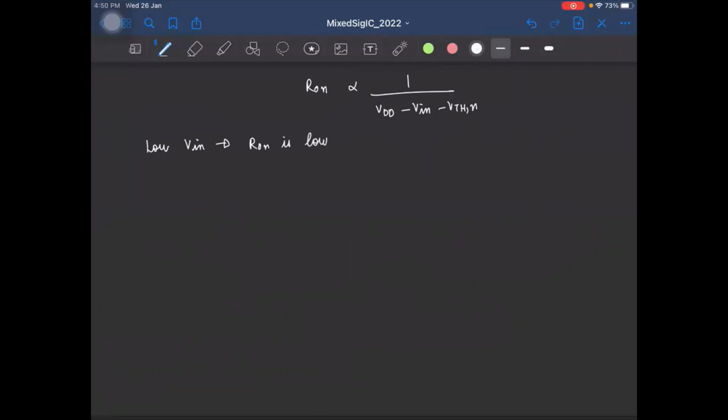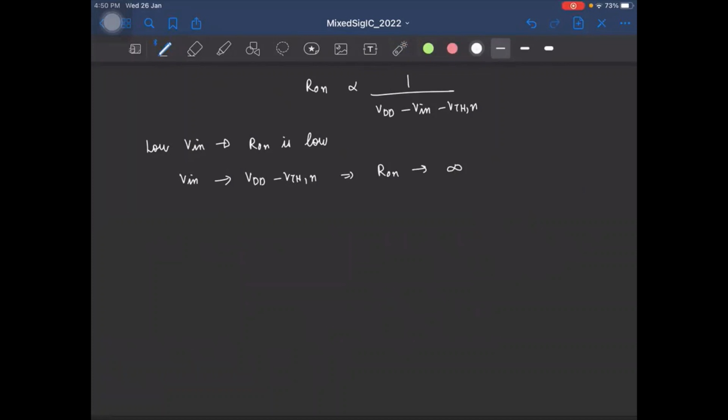But the moment you keep increasing the input voltage, the on resistance increases. And if you increase V in and tend it to VDD minus VTHN, what will happen to R on? R on will tend to infinity, right? And this will no longer act like a good switch. It's a switch with an infinite resistance, which is of no use literally.